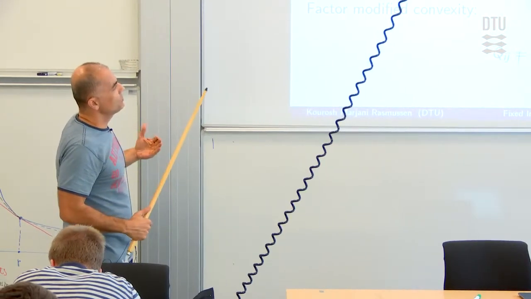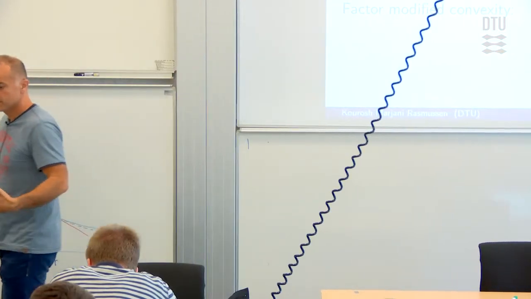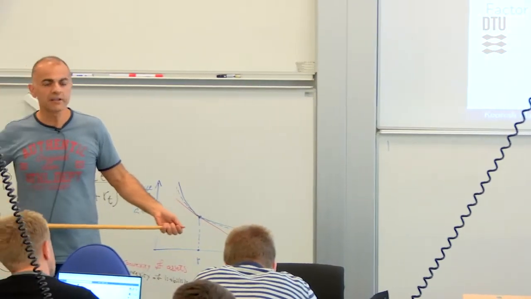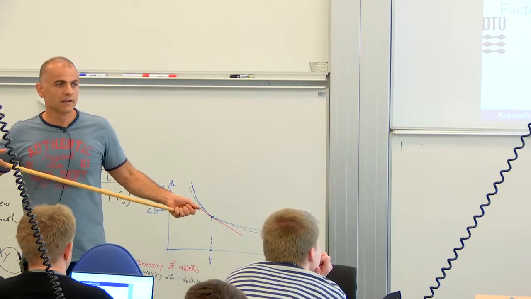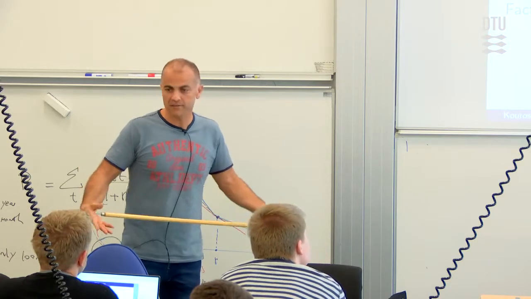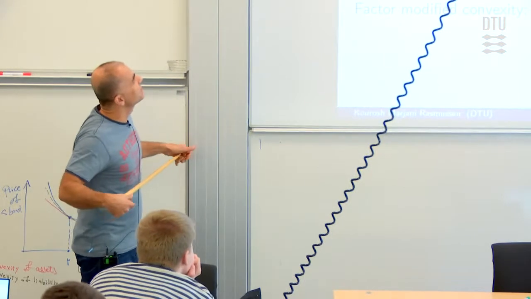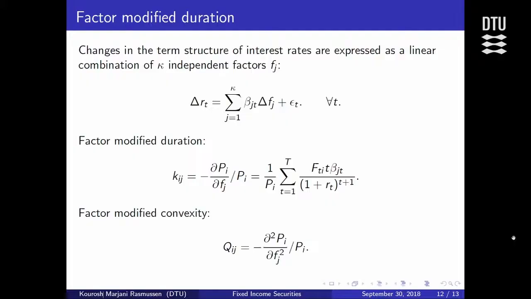But we can do more than differentiating in one dimension. You have probably done that already. You can differentiate the function with regards to several dimensions, right? You have heard of multidimensional differentiations, right? So that's essentially what this idea of factor modified duration is about, right?